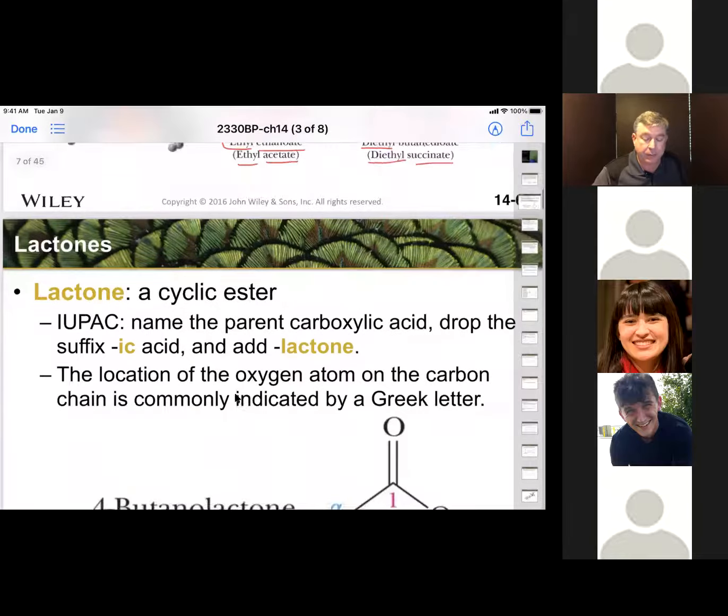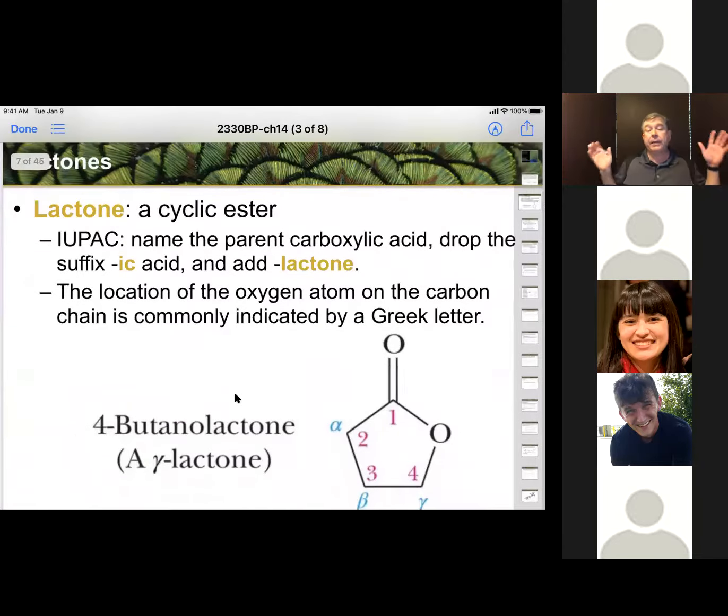Now we're bringing back the alpha, beta, gamma. If you end up having an alcohol on one end of your chain and a carboxylic acid on the other end of the chain, and you lose water to make a cyclic ester, notice the ester is actually in the cycle right here. We call these lactones. It looks like a ketone, but then it has this extra oxygen on it, so we call it a lactone. We're going to drop the ic acid off of it and add the word lactone, keeping the O again.